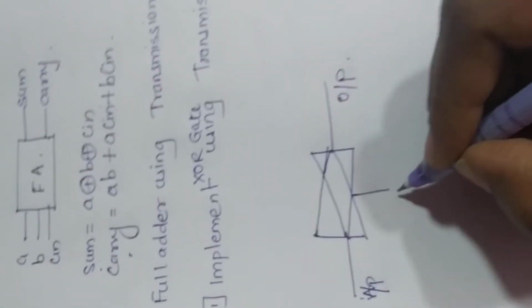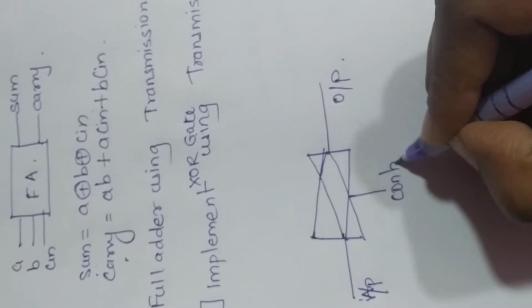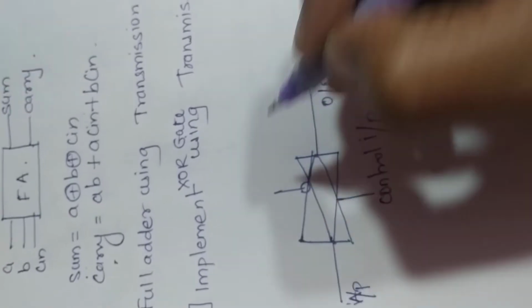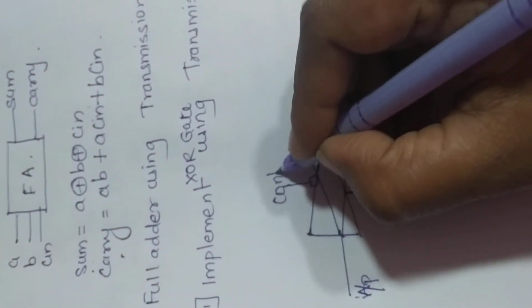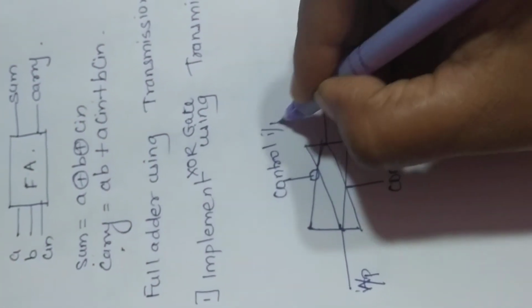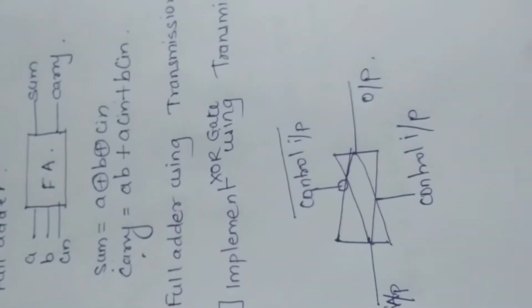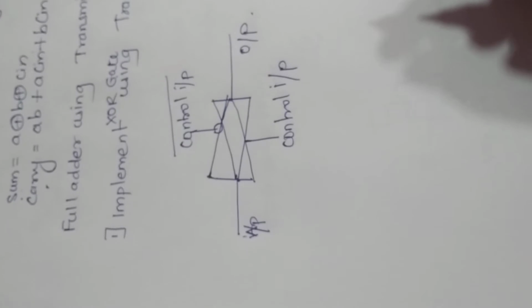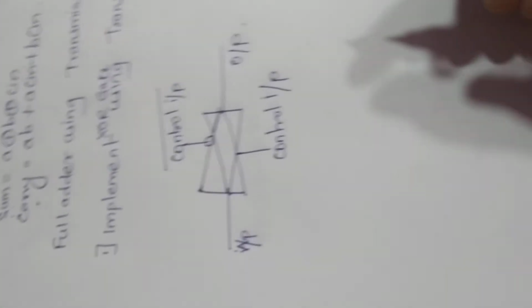It has a control input, this is the control input, and this is the PMOS input, which is the complement of the control input. So this is the symbol of transmission gate. All of you are familiar with this symbol.